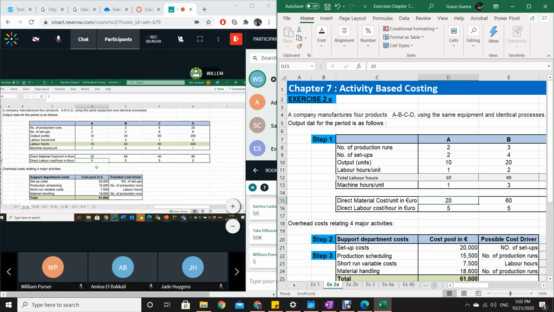This is the total, that's correct. For one product it is €5, because you need 1 hour for one unit, and 1 hour costs €5. And so it's €5 per unit is the labor cost. We're going to make 10 units, so the total labor cost is 50. Is this clear? We can take another example.